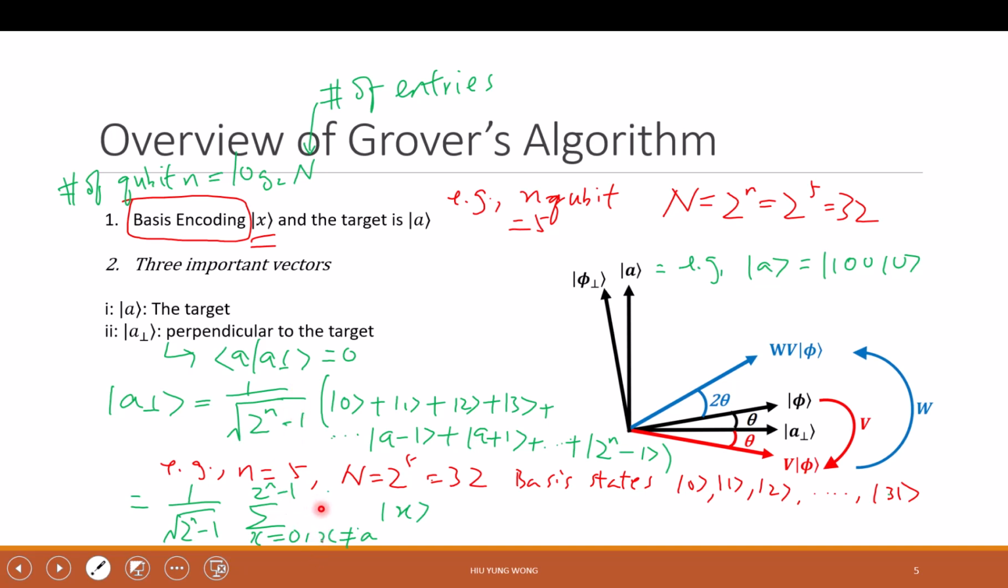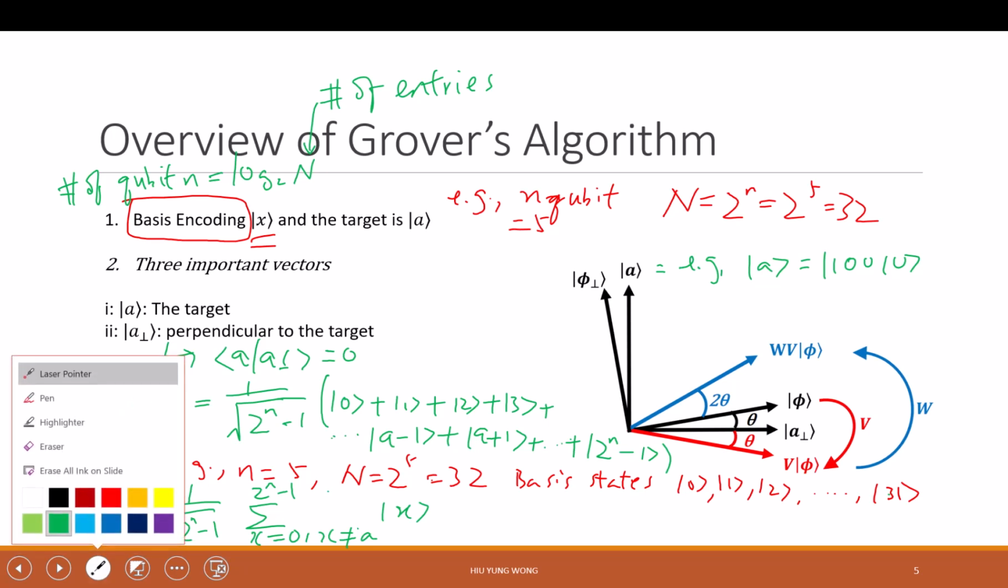So, of course, because it doesn't have an A component, what is the inner product? The inner product is to measure how much overlap you have, right? Now you have all the orthogonal bases, but you don't have A. Of course, you are not going to overlap with A to any extent.